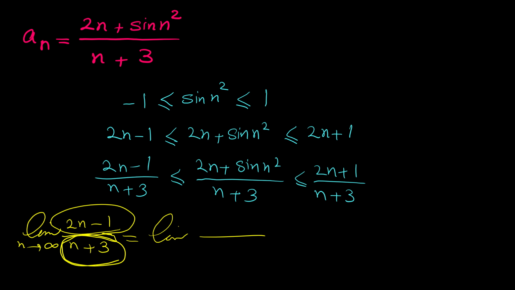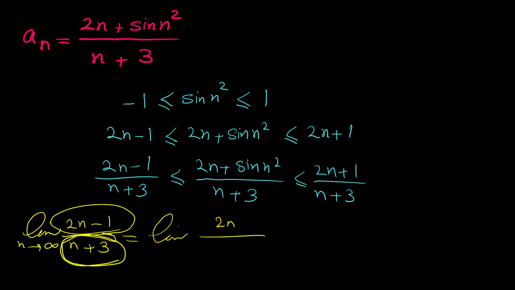What is the dominant term? The dominant term is a term that is significantly bigger than the other term. In the numerator, we have 2n and minus 1. Attention, n approaches infinity. So 2n is a bigger term than minus 1. Of course, 2n is the term that is significant in the numerator.